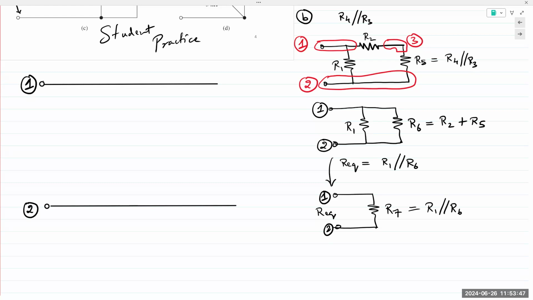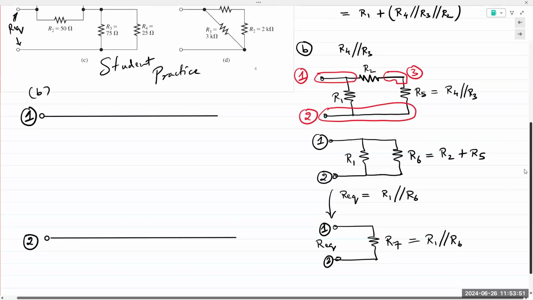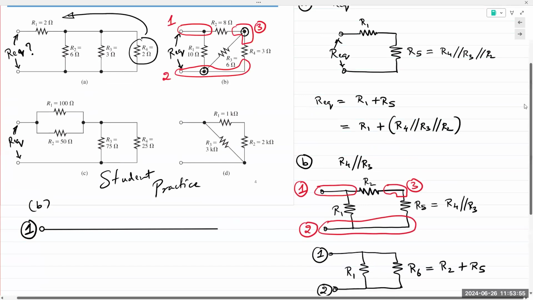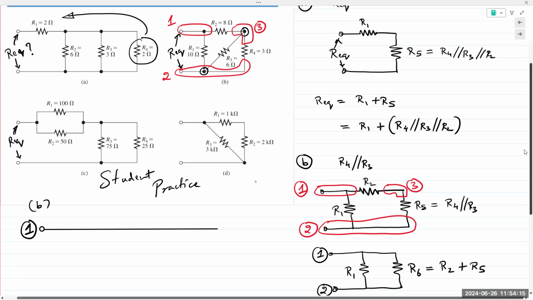And I'm going to use example B for this. My goal is to draw all the resistors that are there in the circuit, R1, R2, R3, R4, vertically, going from terminal 1 to terminal 2. So the objective of this method is to go from terminal 1 to terminal 2, right? Those are my measurement terminals. So my objective is to draw everything vertical.